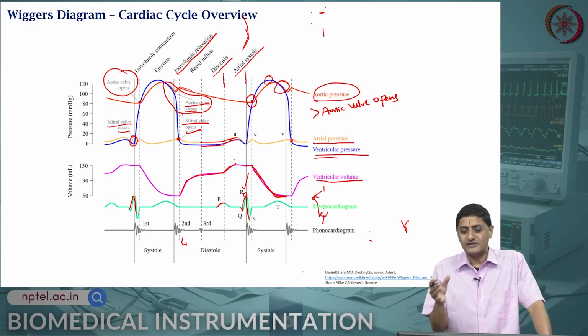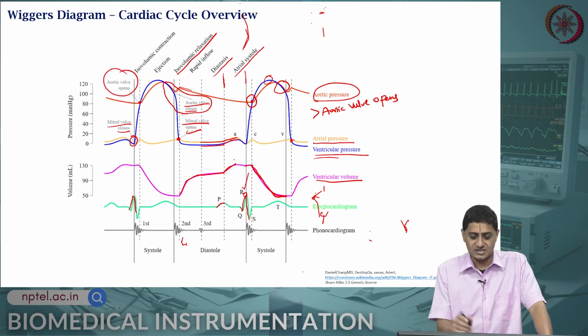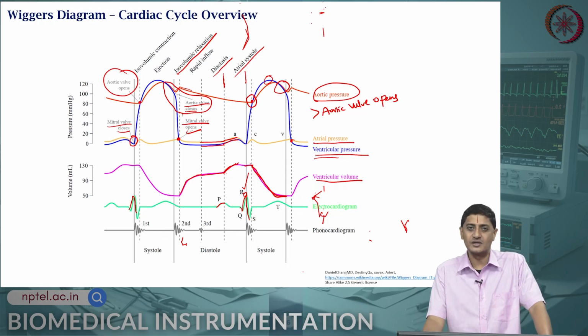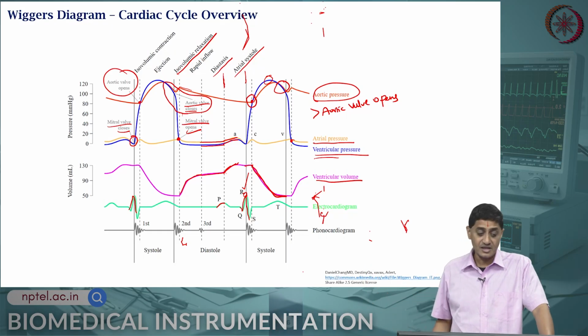After some time, the ventricular pressure will start increasing due to the QRS complex. So, there is a slightly more increase in the volume due to the atrial systole. This is then followed by the QRS complex, and then the cycle repeats.